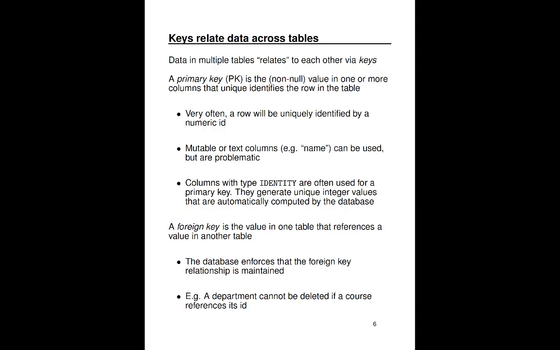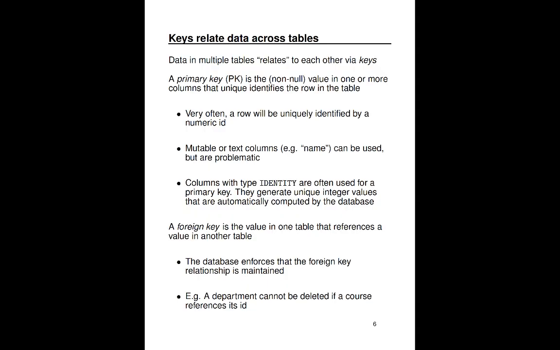And of course, if data is mutable, if it can change, then you not only need to change the primary key, but you need to change all the places that reference that primary key to make sure the data is consistent. So what you'll usually see in relational databases is that primary keys have a type called identity, which is a well-known type to the database, and the database knows to generate unique IDs for the rows in that table and assign each row its own identity. So the primary key identifies the row within the table.